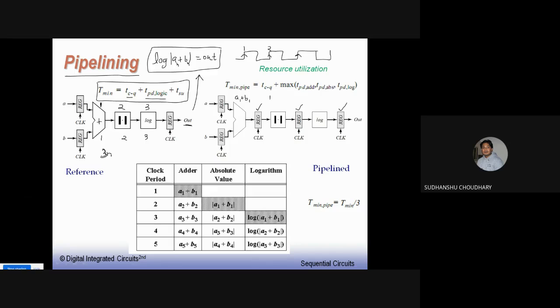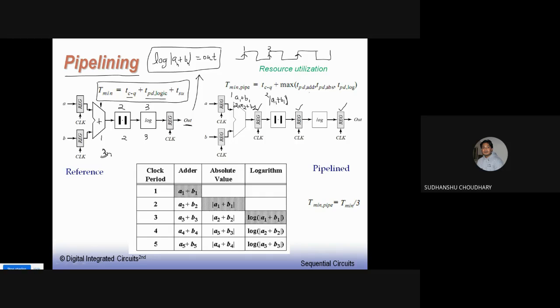So in the second clock cycle, mod of A1 plus B1 will be performed. And in the same second cycle, the next data, that is A2 and B2, will be put in here, so A2 plus B2 will also be performed in the second clock cycle.